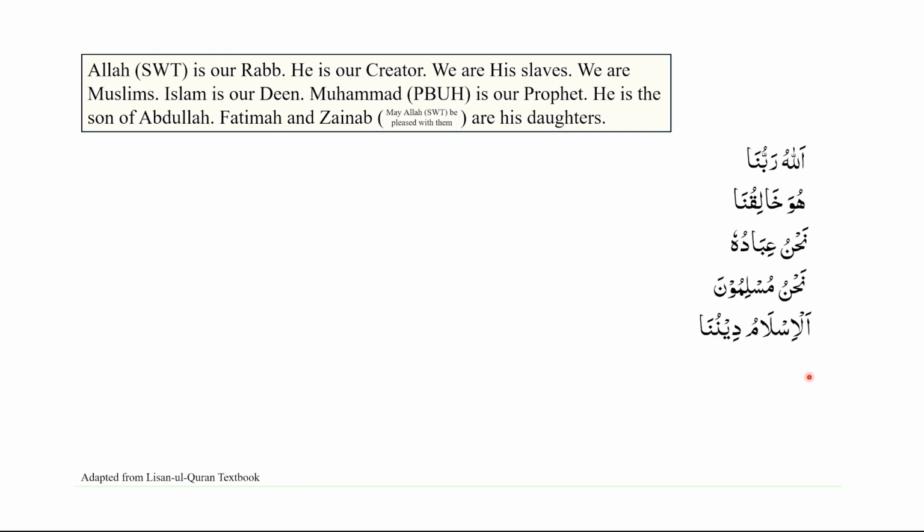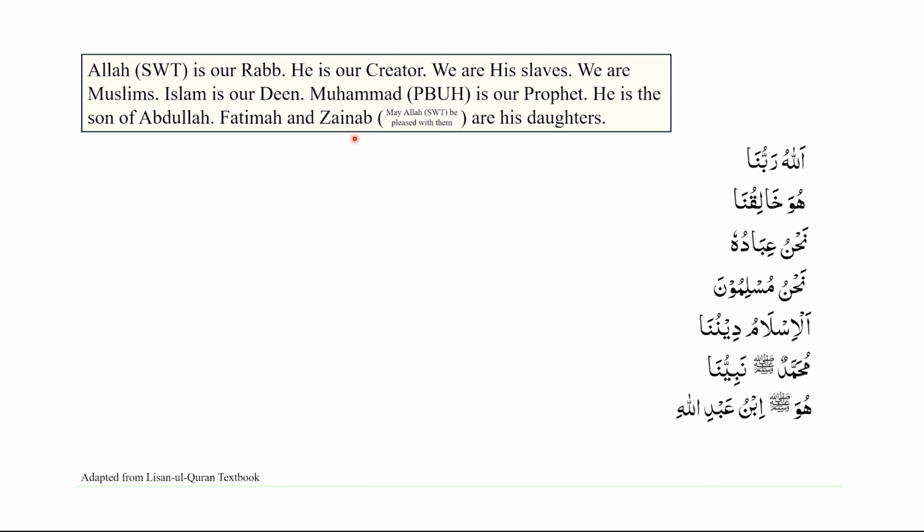Muhammad, peace be upon him, is our prophet. Muhammadun nabiyuna. Nabiyuna means our prophet. Nabiyuna is a murakkab izafi. He, peace be upon him, is the son of Abdullah. Huwa ibnu Abdillahi.